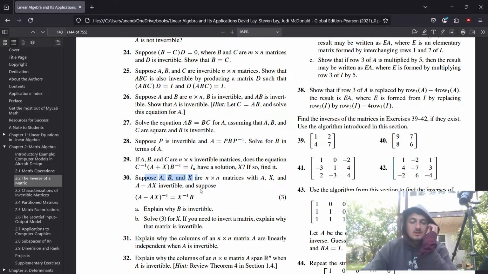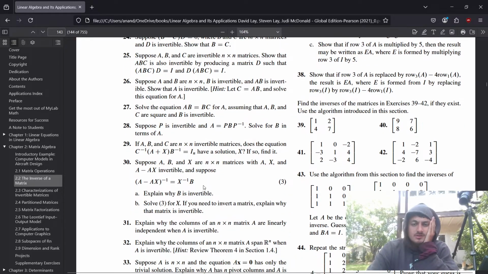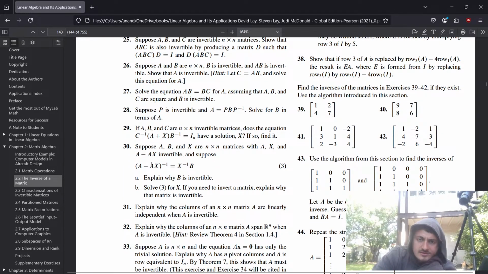Okay. So 30, suppose A, B, and X are n by n. This should be I minus X times A. I mean, it doesn't really matter, it should be A times I minus X, I think, and then it distributes.